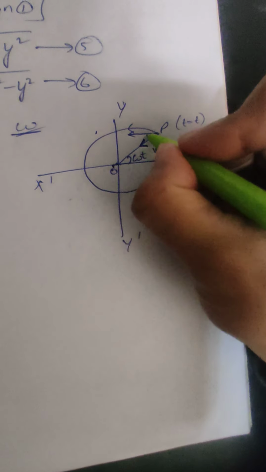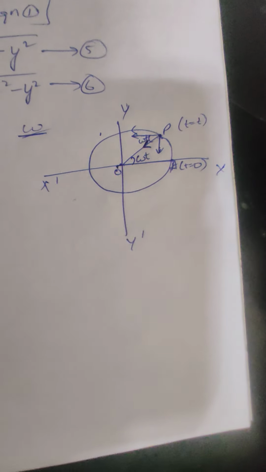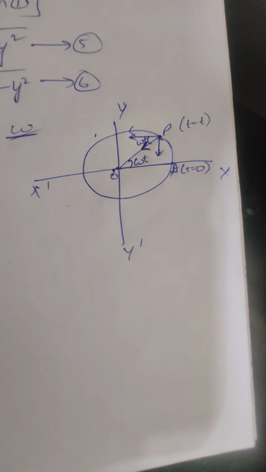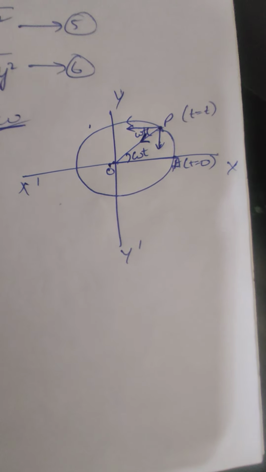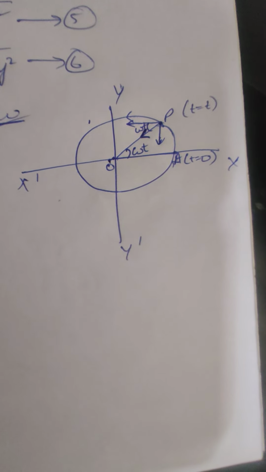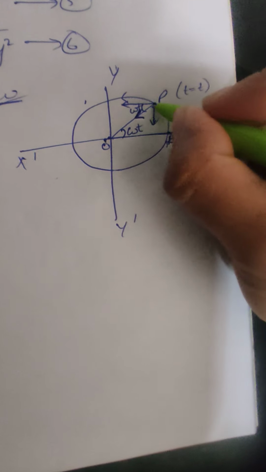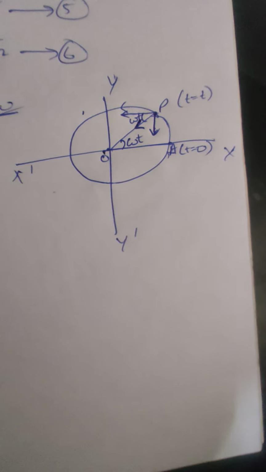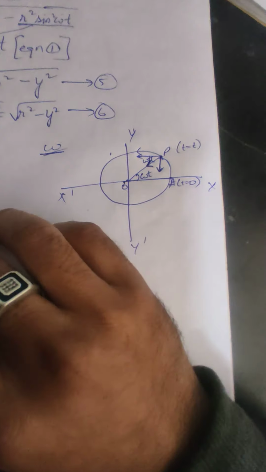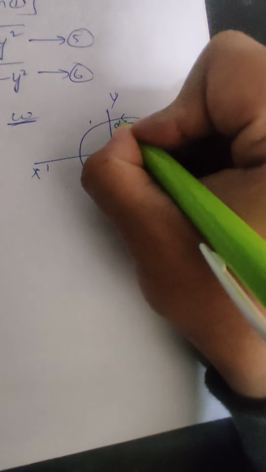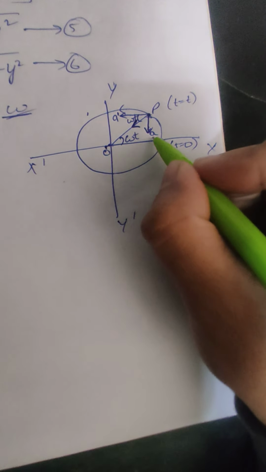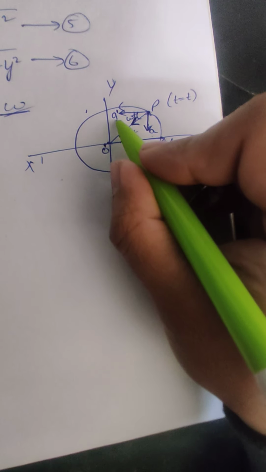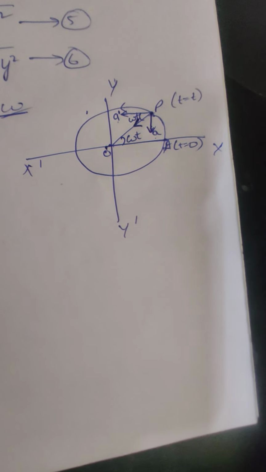Here also this will be omega t, since they are alternate angles. Now we will resolve along the y-axis. Let the acceleration parallel to the y-axis be a, and the acceleration parallel to the x-axis be a dash.